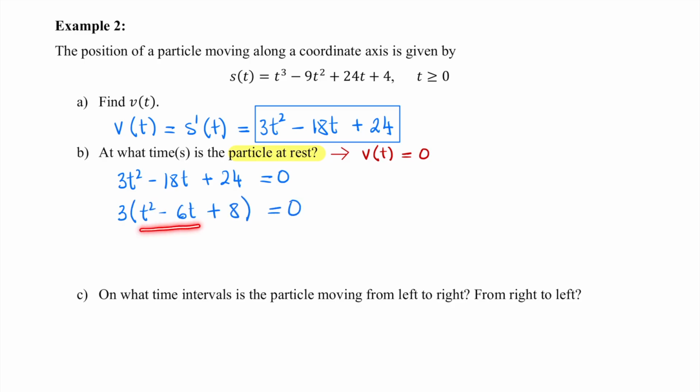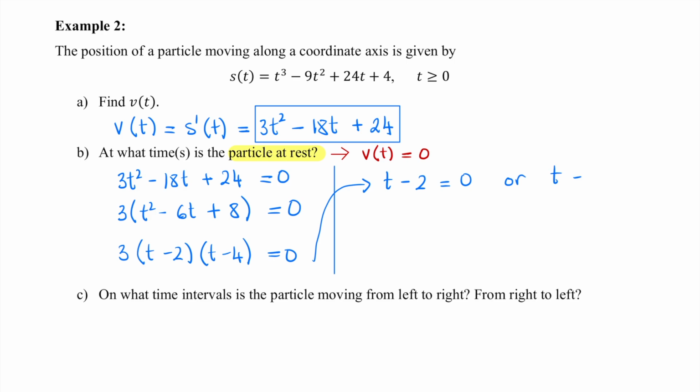Now, we can factor this expression. t squared minus 6t plus 8 factors as t minus 2 times t minus 4. We set t minus 2 equal to 0 and t minus 4 equal to 0 to solve for t.